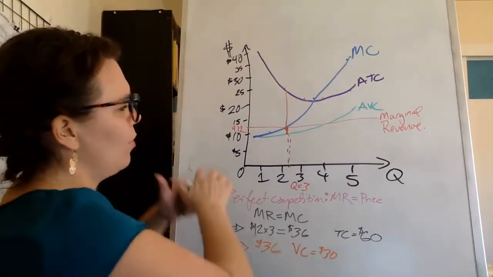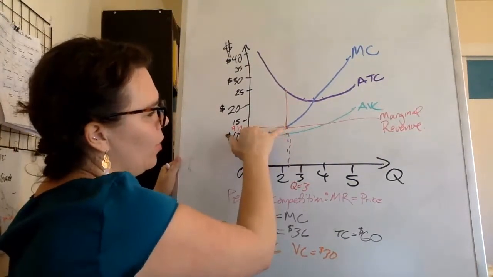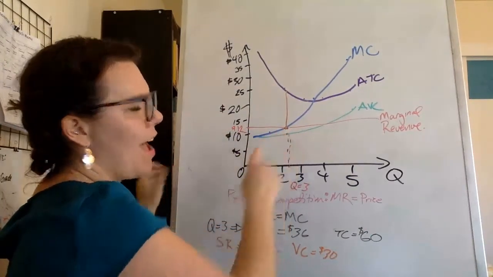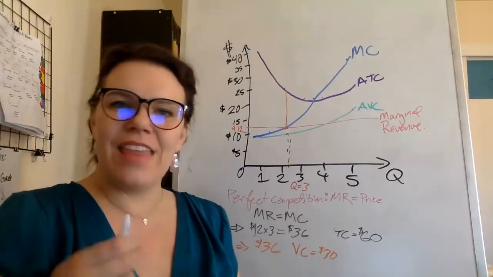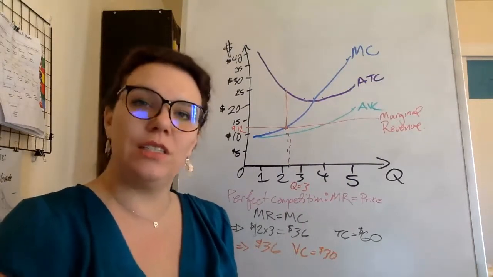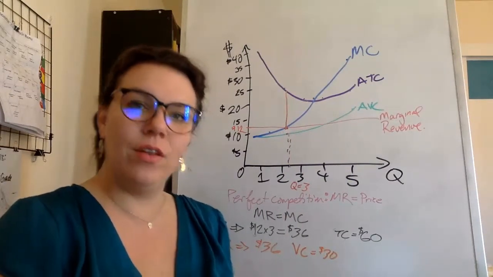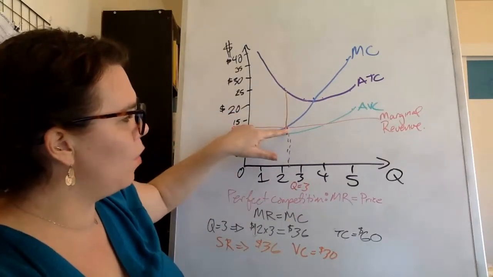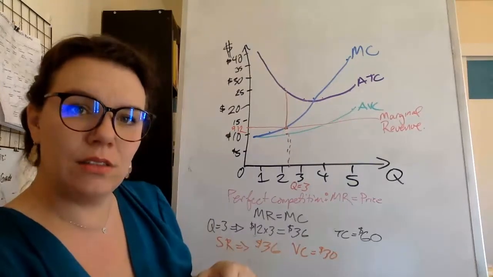And we can look at it right here and see, at a quantity of 3, marginal revenue and marginal cost cross each other above average variable cost. That's what's known as the shutdown rule. If marginal revenue is greater than average variable cost at that point, they stay in business. And we would, right?